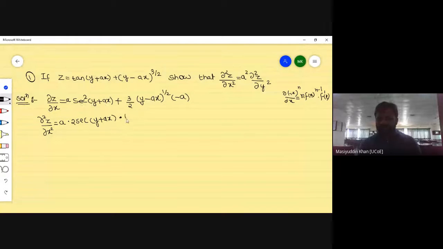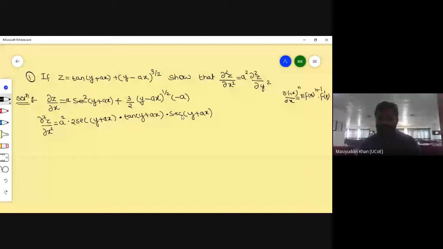Tan of (y plus ax) into sec of (y plus ax), and then we go inside, where y is 0 and the derivative of ax is a, so I write it directly as a square. Hope this step is clear to everyone.